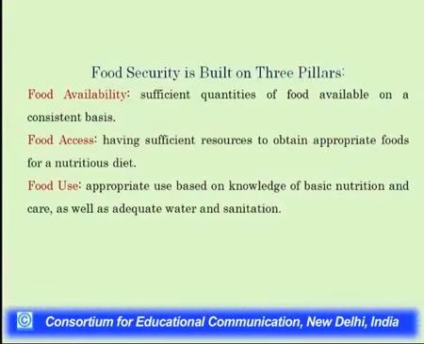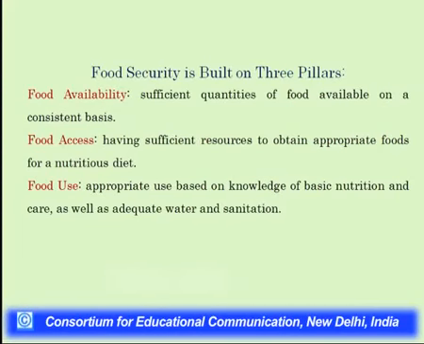Therefore, the time has come where we need more and more focused attention for food security. In the sustainable development, food security is a very, very important component of the Millennium Development Goals and sustainable development. In this regard, I would like to mention there are 3 pillars of the food security.